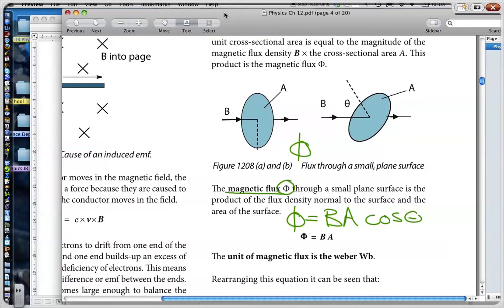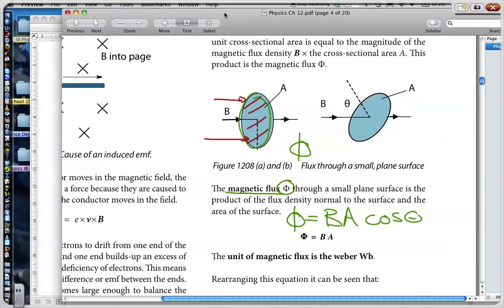Now, if you have a look at this situation, this is the area here, and it is basically at right angles, so all the magnetic field is going through this area. Now, this angle theta is actually the angle between the line that is drawn at 90 degrees to the surface.